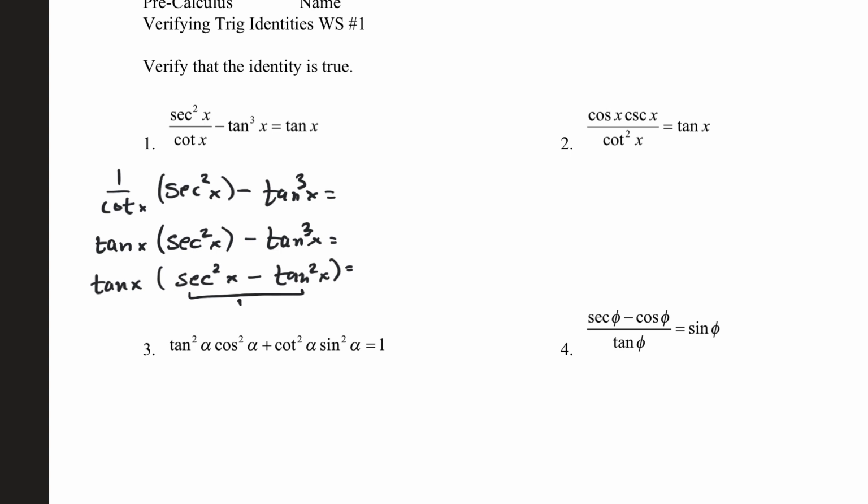So 1 times tangent obviously gives me tangent x is equal to tangent of x. That's this part, I'm just going to bring that down in the end. Check. I definitely verified that the identity is in fact true, that that left side is equivalent to just tangent of x. And that's all you have to do.